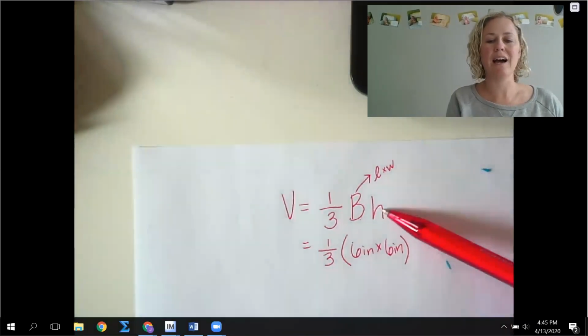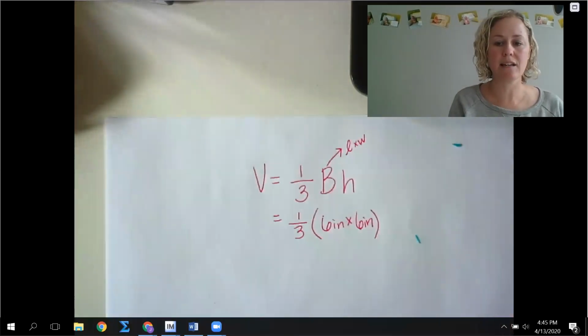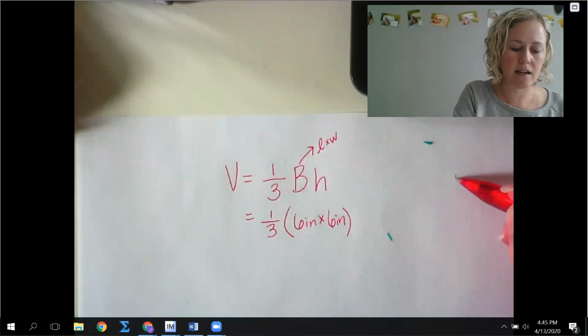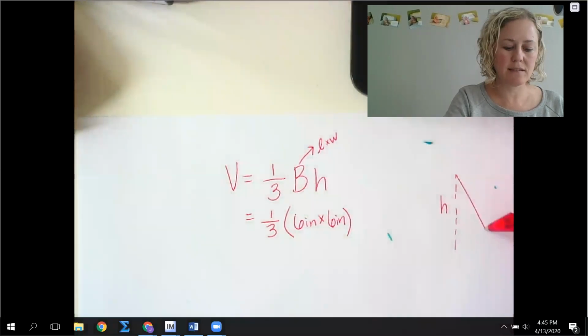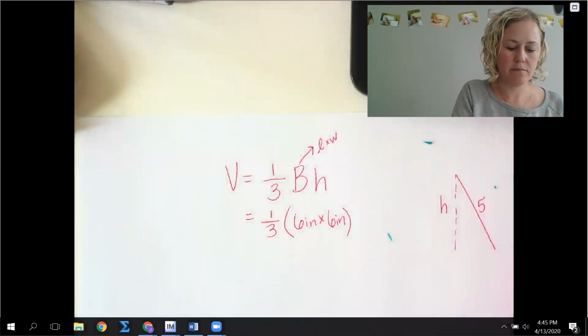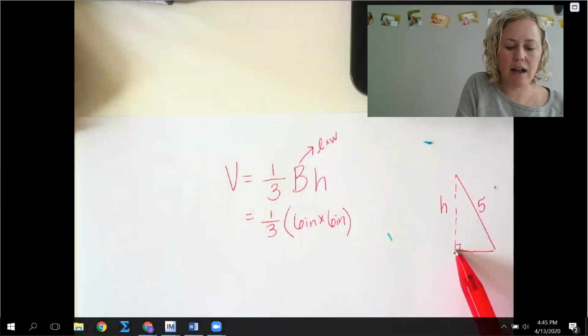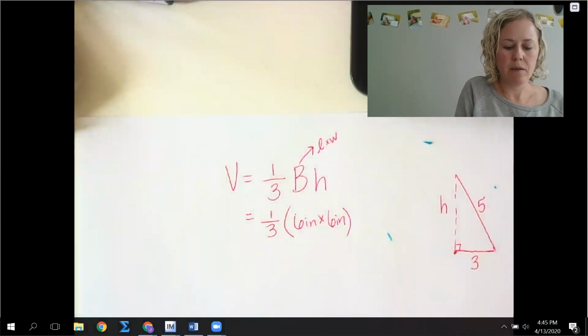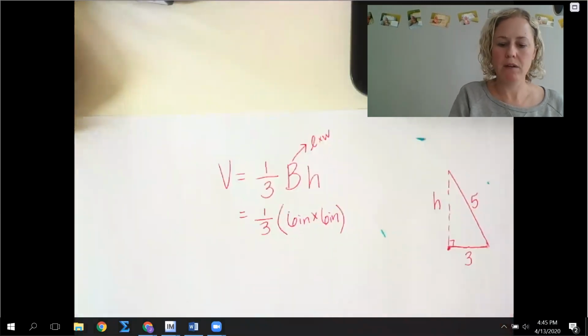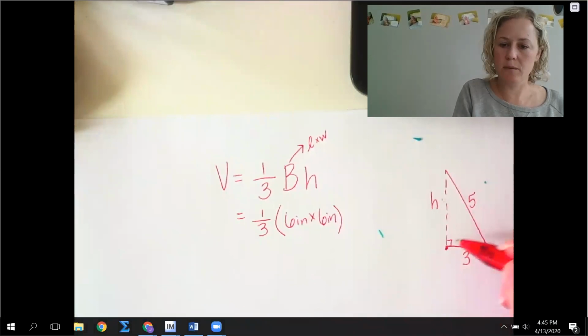Now I need the height of the pyramid, which they did not give me. Instead, they gave me the slant height, which was 5. I know from that center out to the edge, that's going to be 3, because the entire side length is 6. So from the center out to the edge is half of 6, or 3. To find this height, we're going to do the Pythagorean theorem.